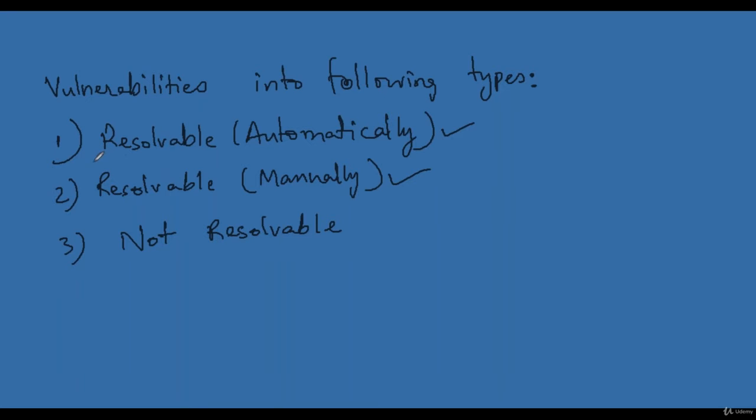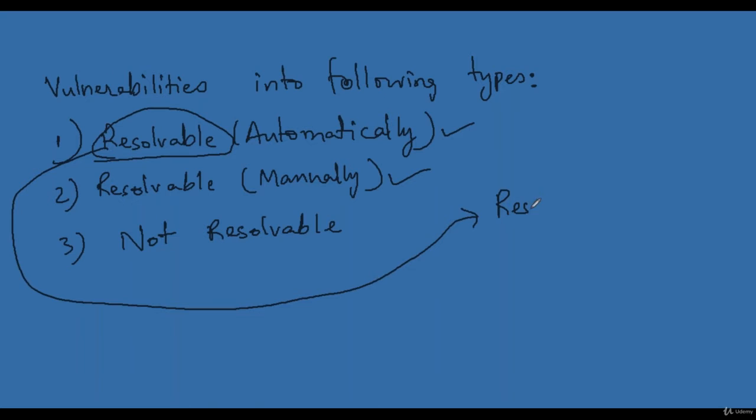Now, when it comes to resolvable vulnerabilities, this also has different options. You can resolve and stage, you can resolve, you can ignore, or you can retest.